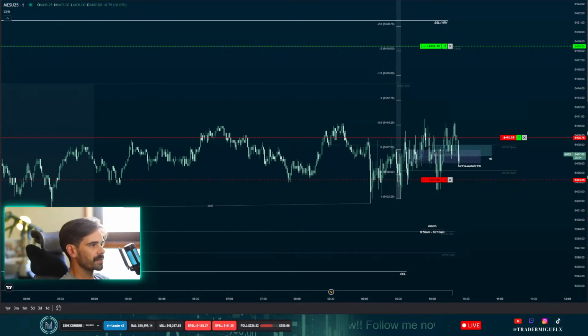Messy chart, messy price action, messy behavior here from ES. So there's not much that I can do because NQ was delivering perfectly, and in these types of conditions I have to get out of ES and move to NQ.